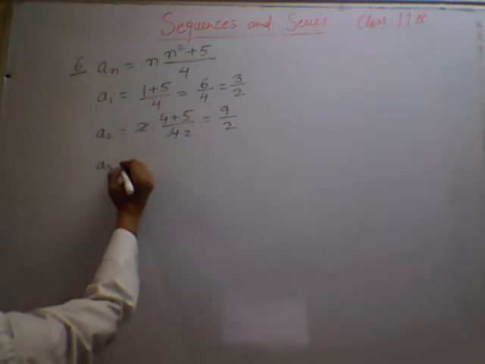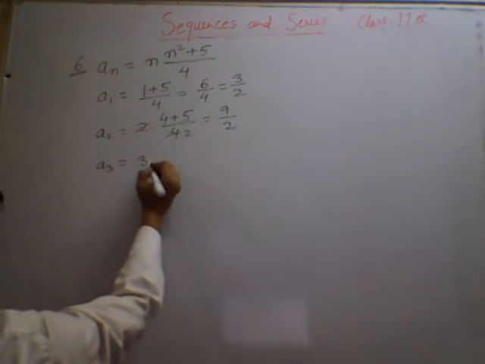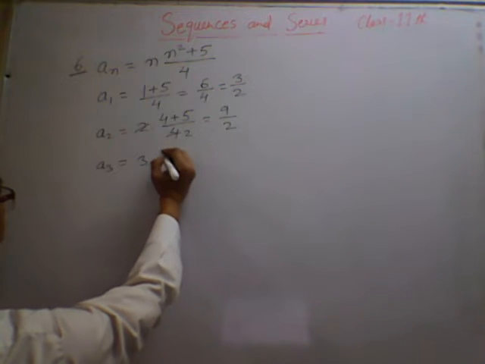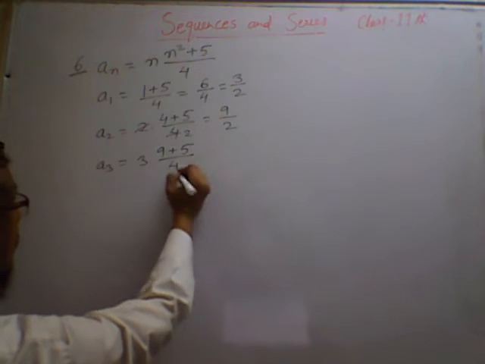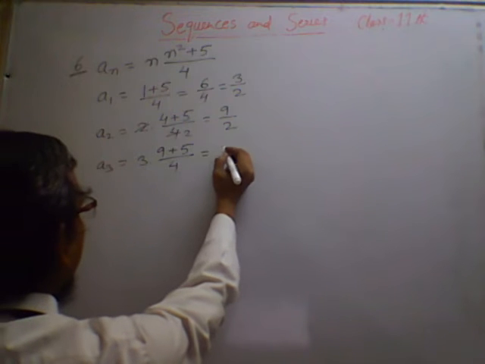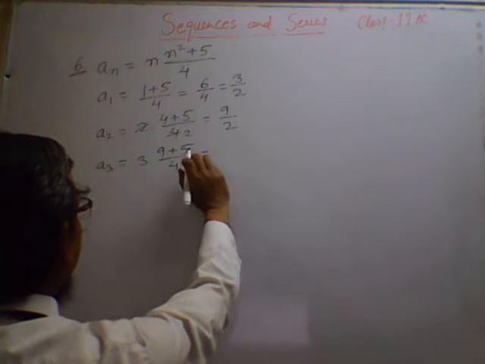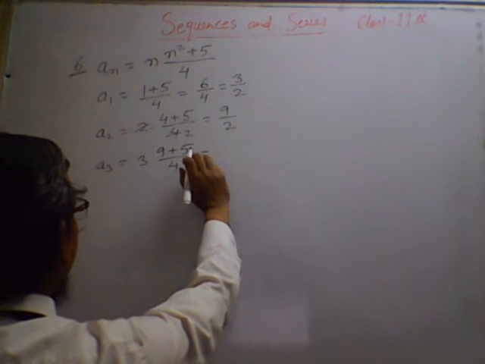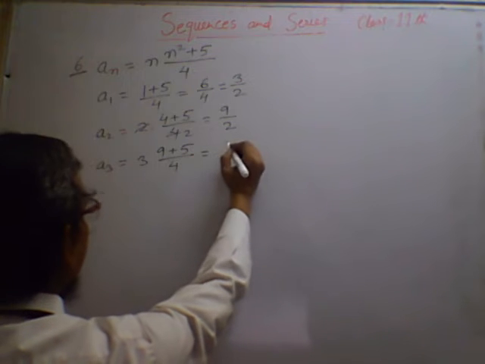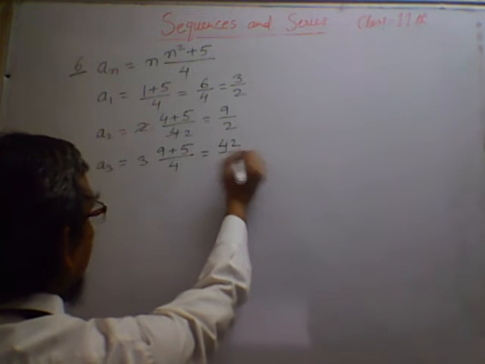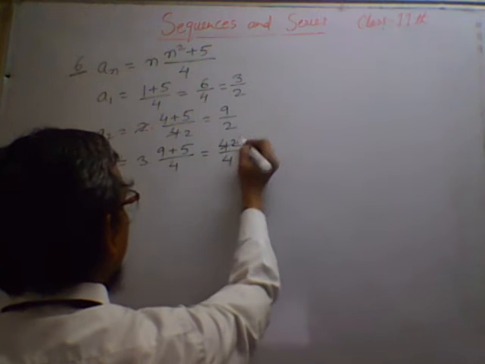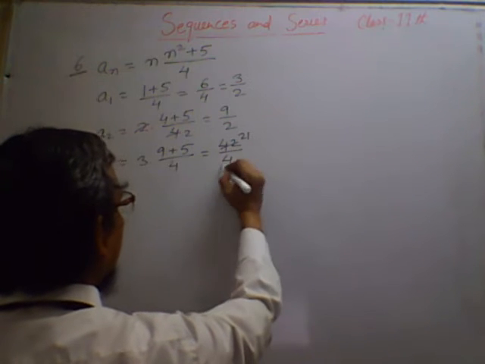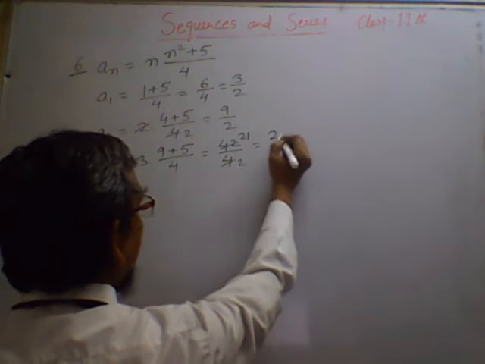A3 equals 3 multiplied by 3 square, 9, plus 5 over 4. 9 plus 5 is 14, 14 times 3 is 42. 42 over 4, so it will be 21 over 2.